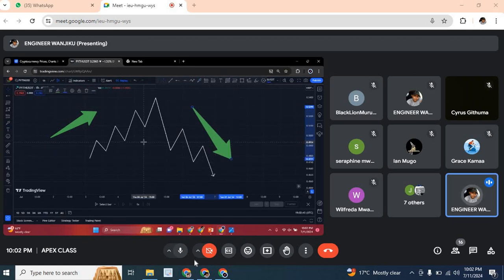Can I have volunteers to help us map out, or rather identify, break of structures and the market structure shift from what I've drawn? Any volunteer to help us name that? Anyone to help us map out break of structure and market structure shift?